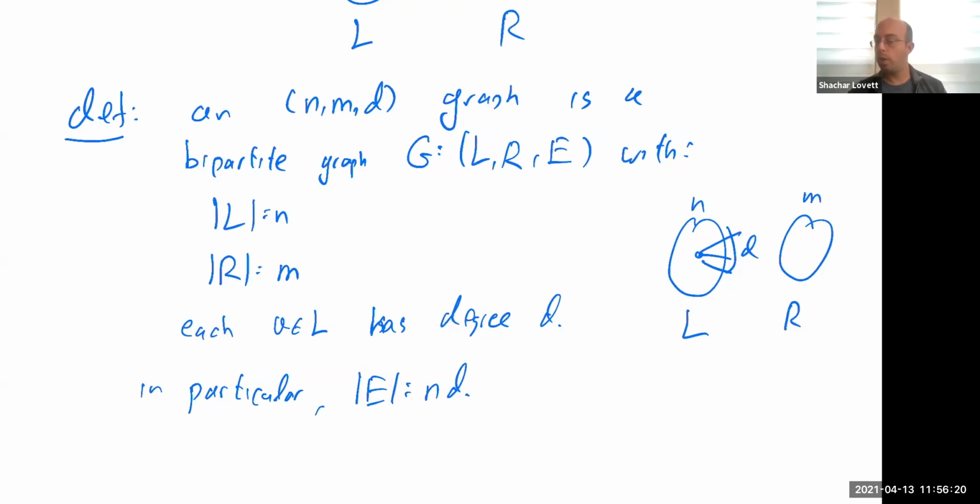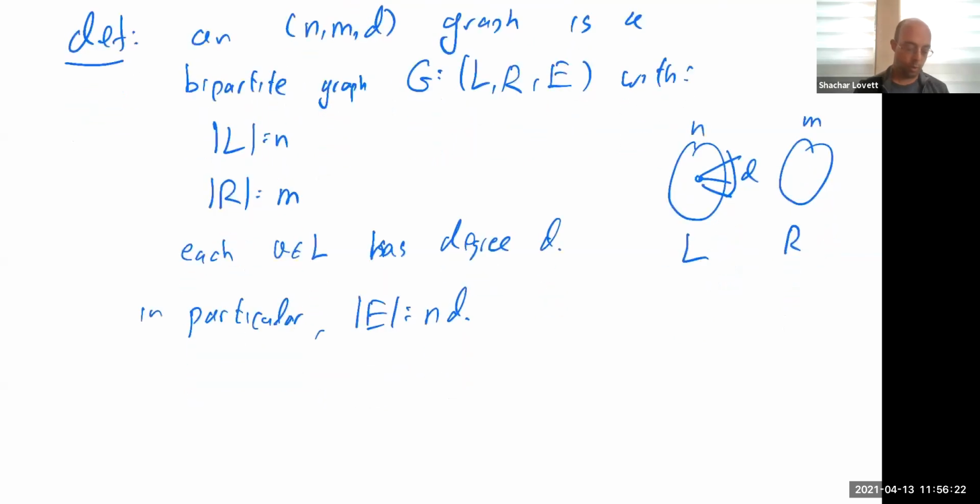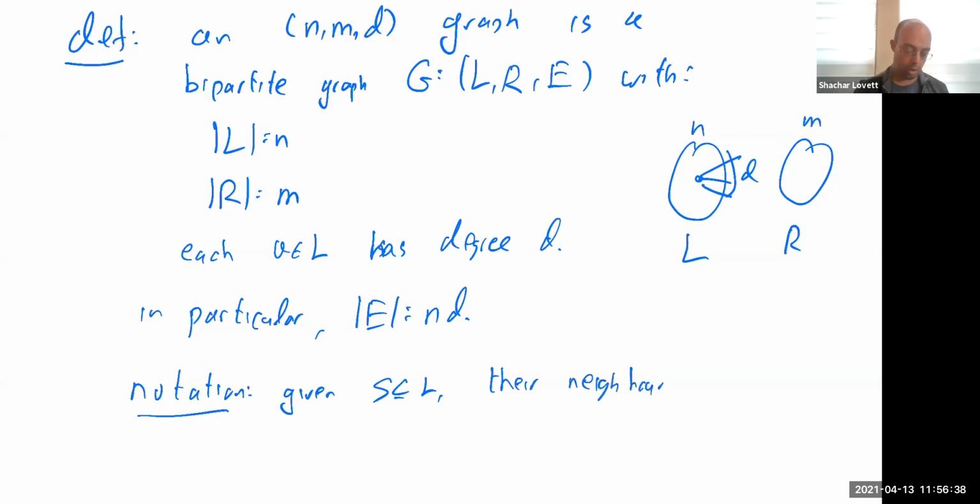And I also use the following notation. Given a set S of nodes on the left, the neighbors are denoted by gamma of S, which is a subset of the right-hand side.